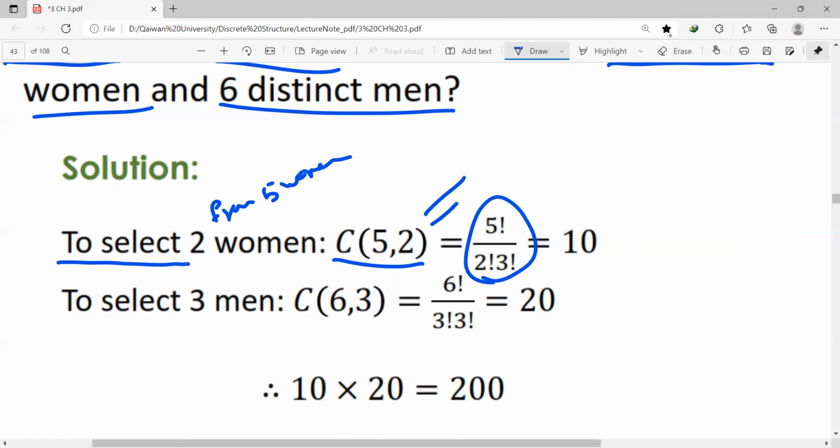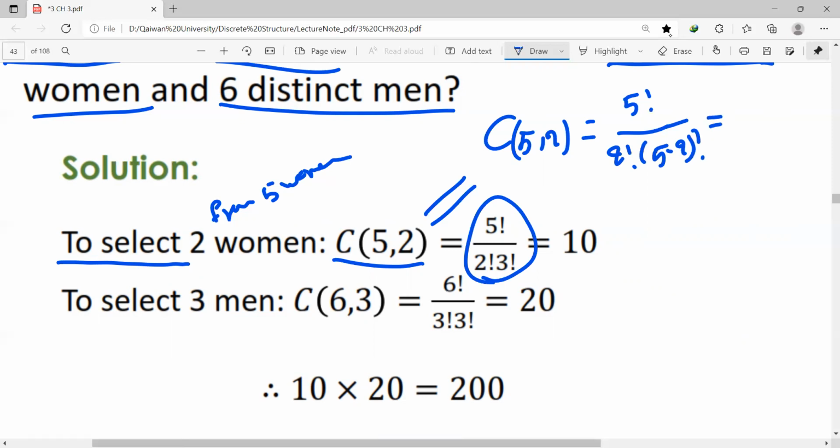We say C 5 and 2 equals 5 factorial divided by 2 factorial times 5 minus 2 factorial. 5 minus 2 factorial is 3 factorial. So you get 5 factorial dividing by 2 factorial times 3 factorial. That's it.